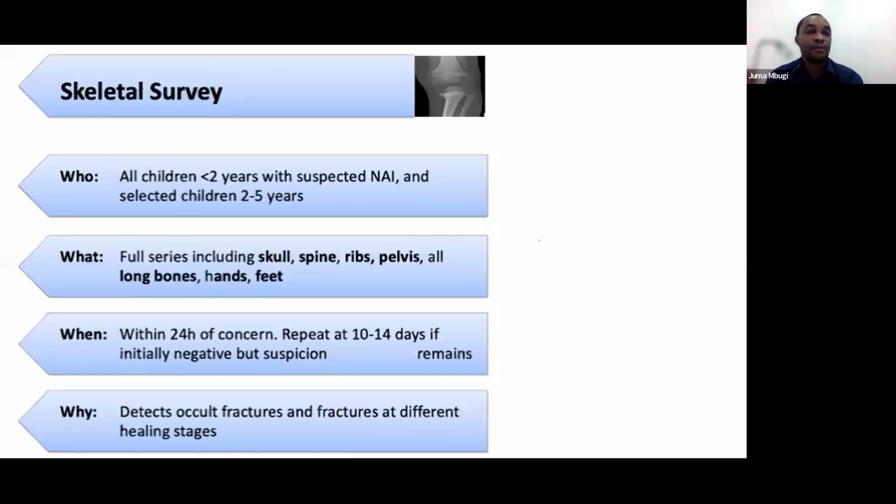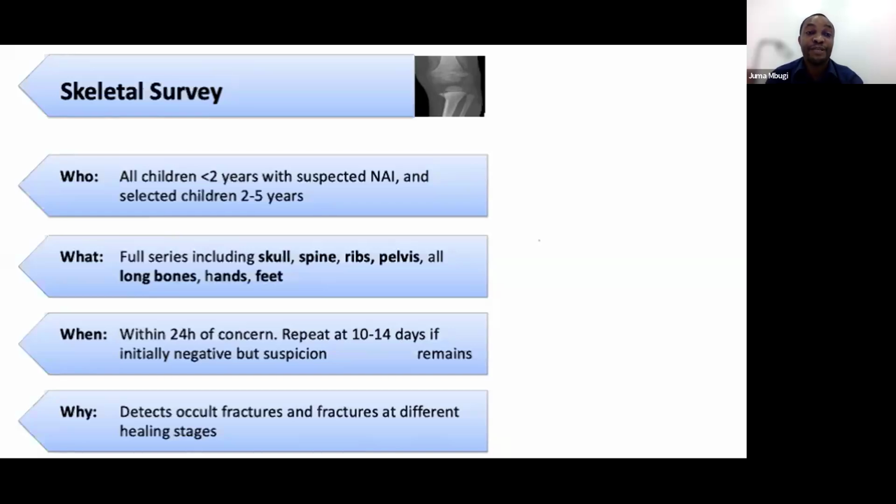And what are we supposed to do? You do a full series, including the skull, spine, ribs, pelvis, all long bones, hands and feet. And normally within 24 hours of your concern, you have to do this. So whenever you get a patient with suspected non-accidental injury, do not delay doing the skeletal survey beyond 24 hours.